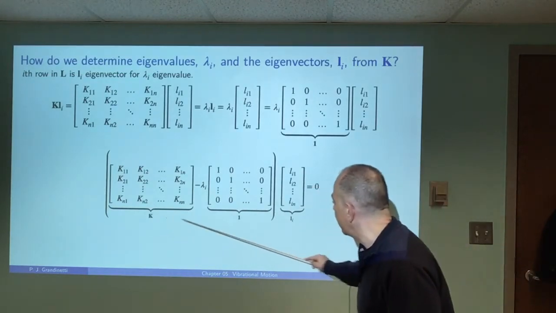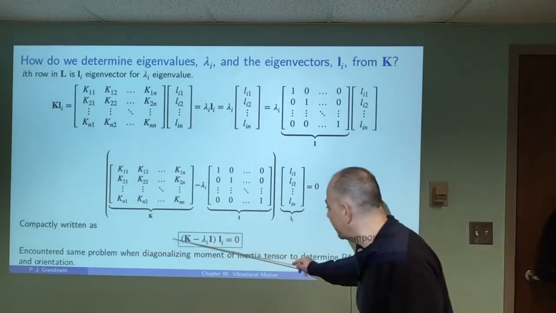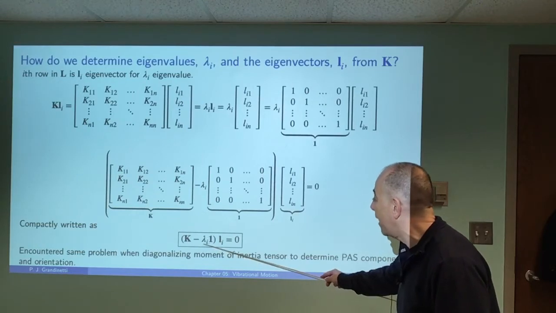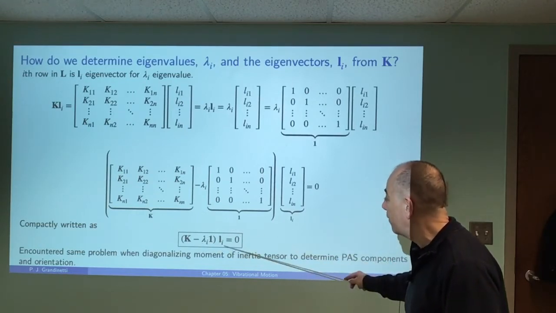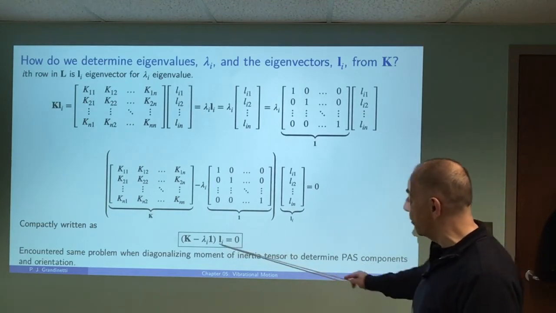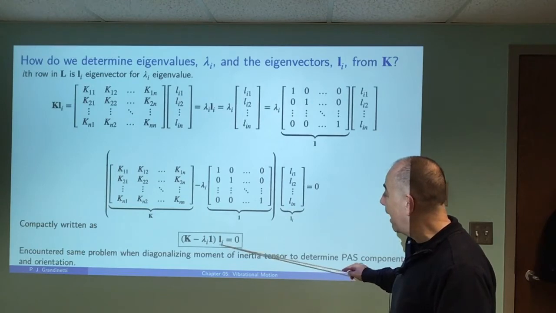Well, if I use my bold symbols down here to represent those matrices compactly, this whole thing is going to look like the K matrix minus lambda_i times the identity matrix, all of that times the ith eigenvector, equal to 0. So here's the ith eigenvalue, and here's the ith eigenvector.